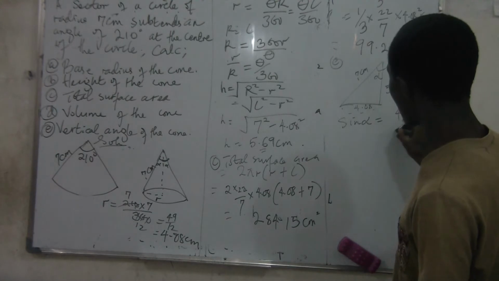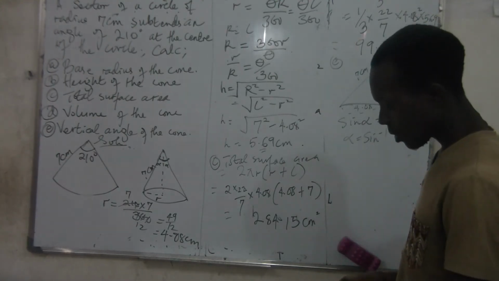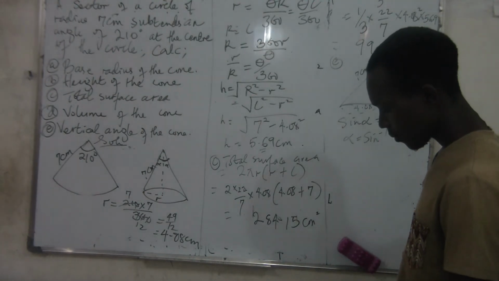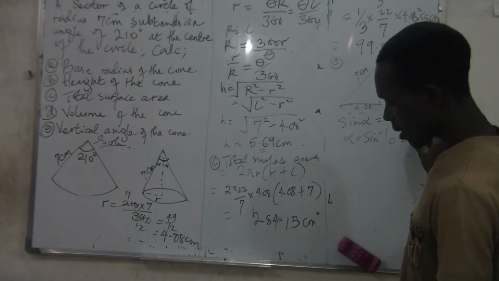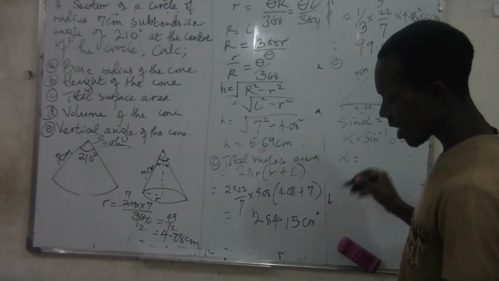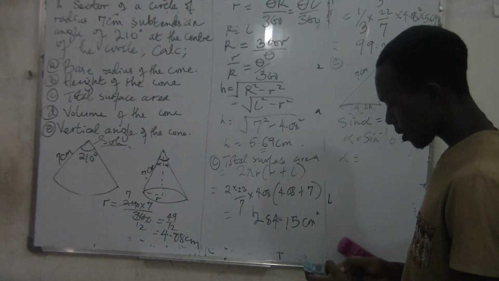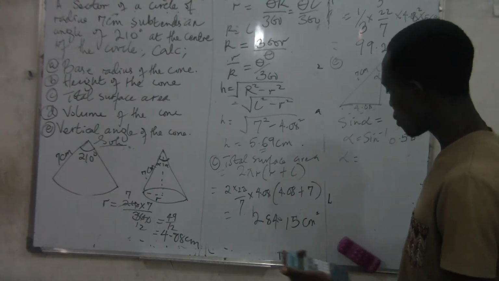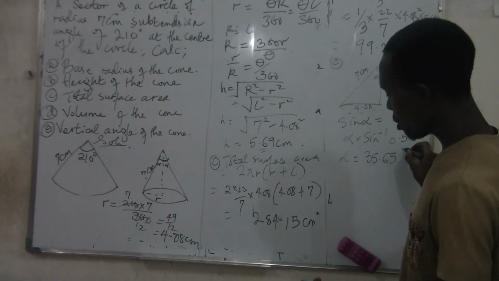If we're looking for alpha, sine of alpha is equal to opposite over hypotenuse. That's 4.08 over 7. Therefore alpha is equal to sine inverse of 4.08 divided by 7, which is 0.58. So alpha is sine inverse of 0.58, which is 35.65 degrees.